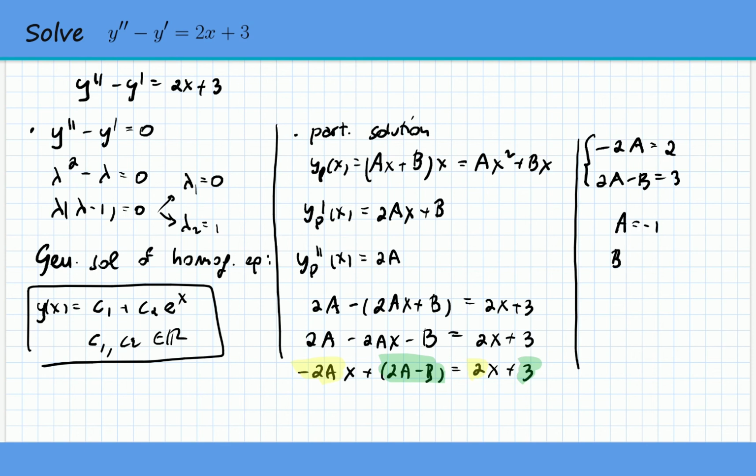And the second equation gives me b equals 2a minus 3, so minus 5. And therefore my particular solution, yp of x, becomes ax squared, so minus x squared, plus bx, minus 5x.